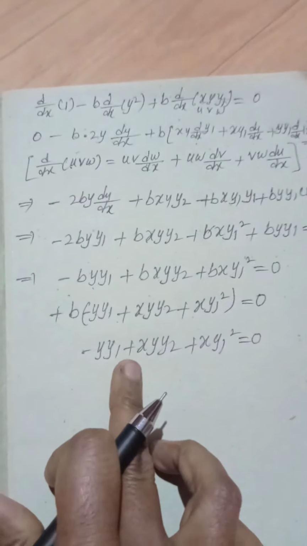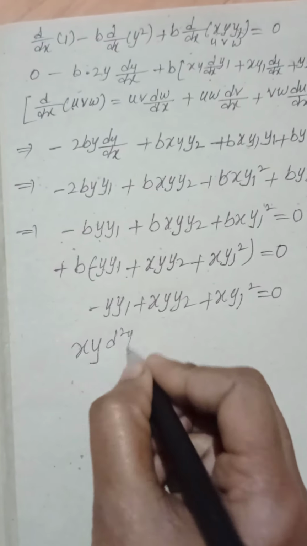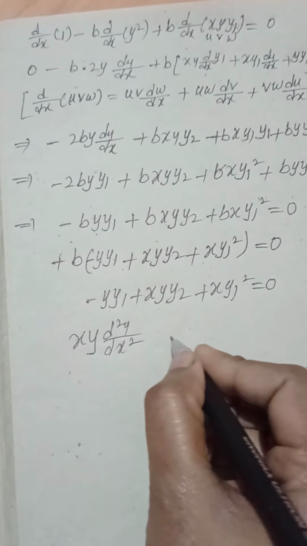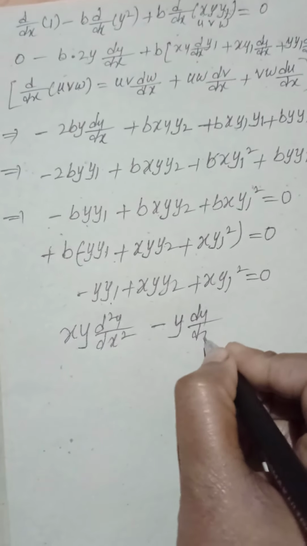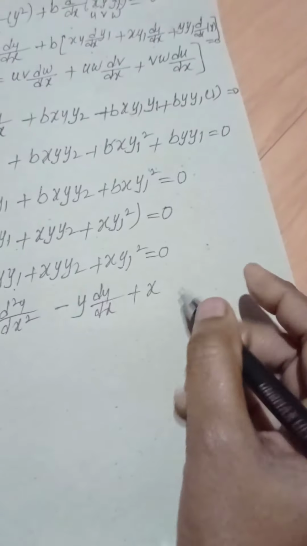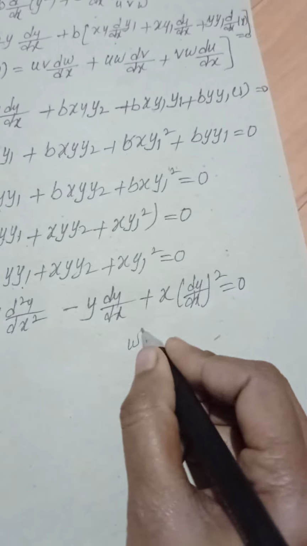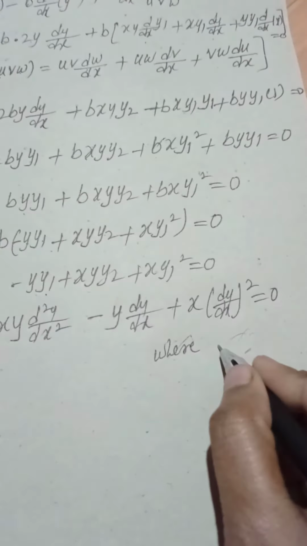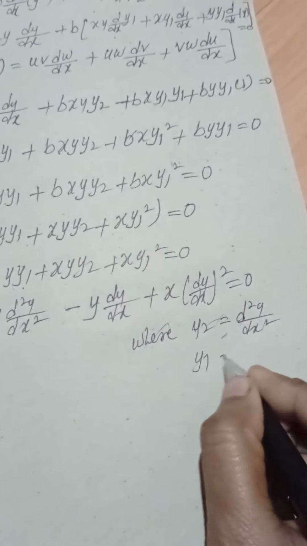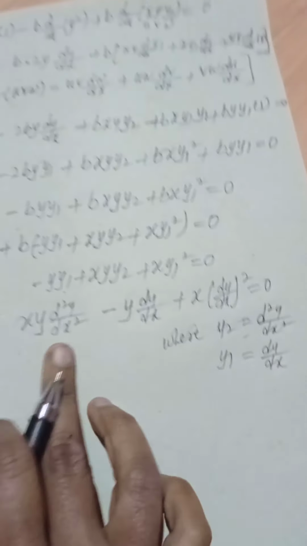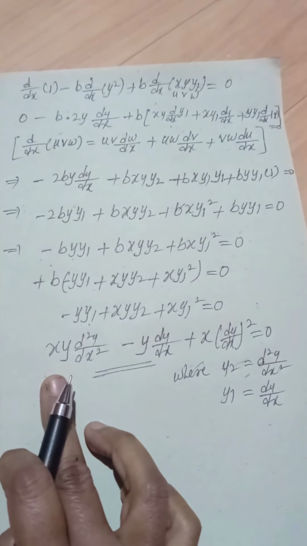Write in order: x y2 means x d square y by dx square, minus y1 means dy by dx, plus x y1 means x into dy by dx whole square equal to 0, where y2 equal to d square y by dx square and y1 equal to dy by dx. So this is the required differential equation. Problem is completed.